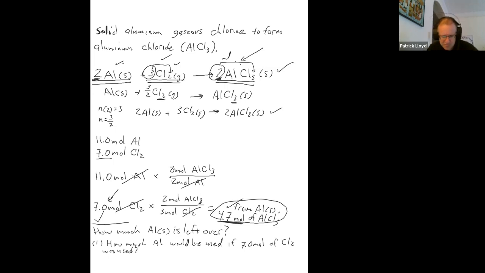Okay, so now we're looking at the relationship between these two. The relationship is 2 to 3. You'll hear that terminology when you watch videos and read books. The ratio is 2 aluminums get used for 3 chlorines. So we know that all the chlorine got used, so 7 moles of chlorine was used.